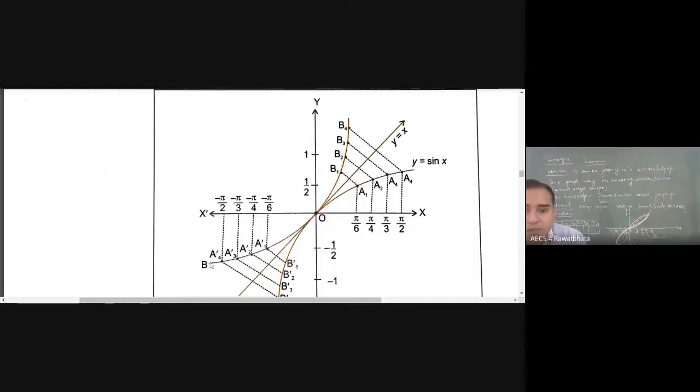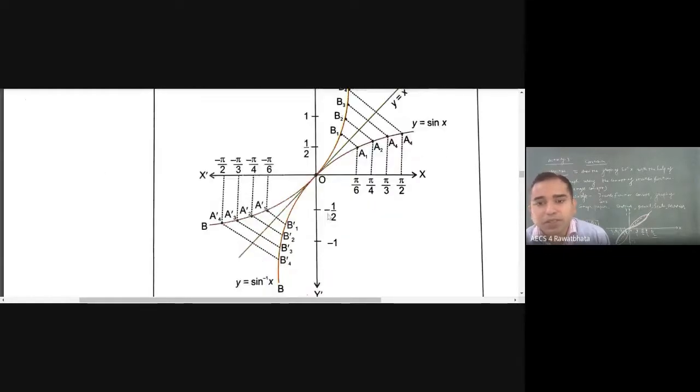On the book, both they have drawn from almost same color. One is bit maroon, one is bit orange. But you please use different color so that sine inverse x should be clearly visible. Correct, students? और उसको थोड़ा डार्क कर दीजिएगा मोटी लाइन, so that there should not be any confusion.